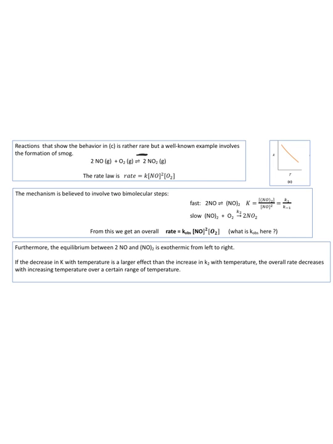Our text says that this is rather rare, but a well-known example involves the formation of smog, which of course is a gas phase reaction. The formation of smog is nitrogen dioxide, which occurs when nitrogen oxide reacts with oxygen gas.